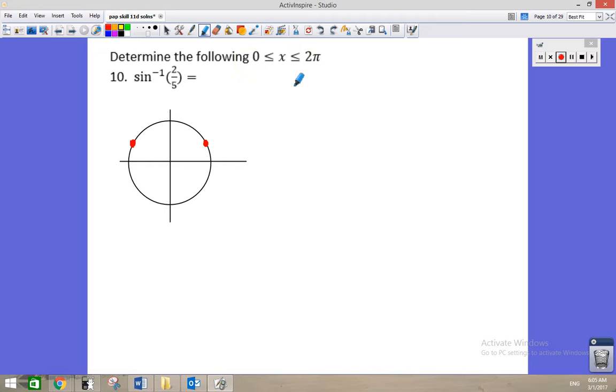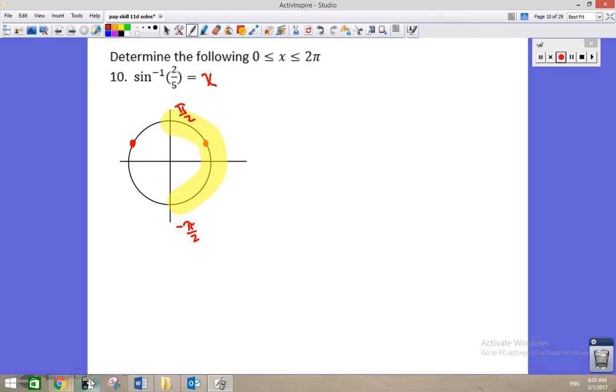And see, on 0 to 2 pi, I need two values. So if I say that x is a solution to this equation, the calculator is going to look for a value that's between -pi/2 and +pi/2.